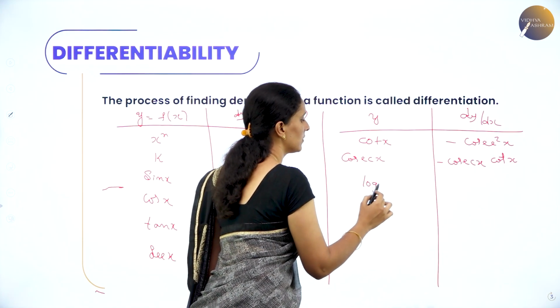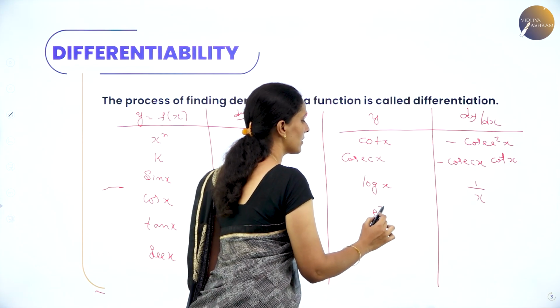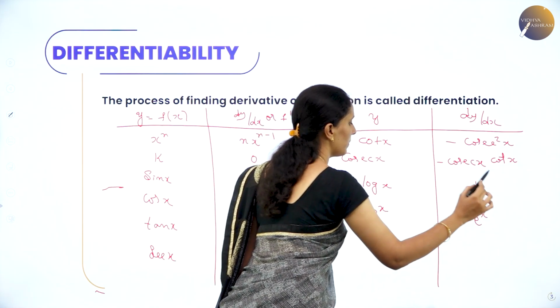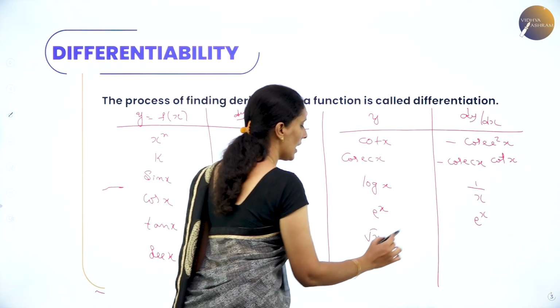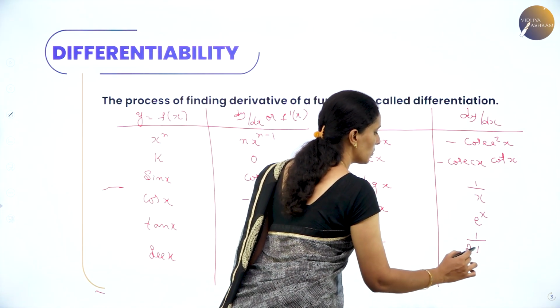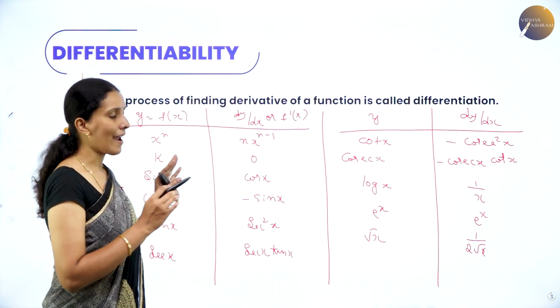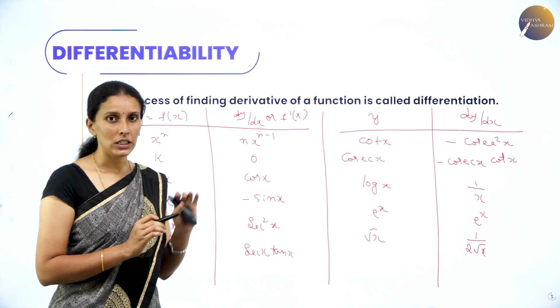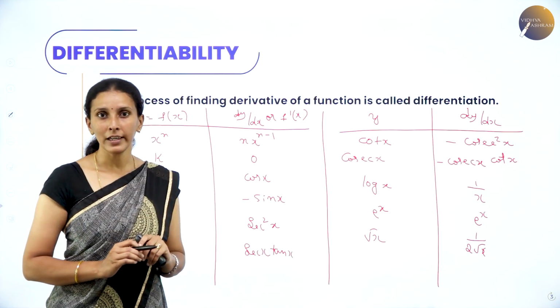For log x, the derivative is 1 by x. For e power x, it is e power x. Similarly, we can take root x as 1 by 2 root x, which we have obtained from the power rule. These are some of the standard results which we have already learned.